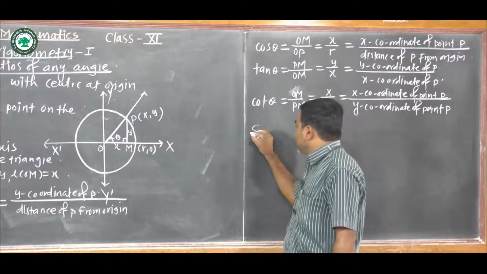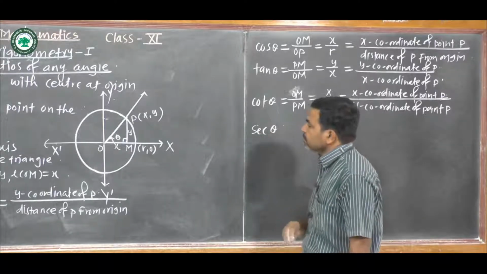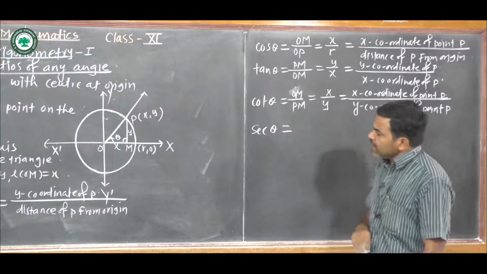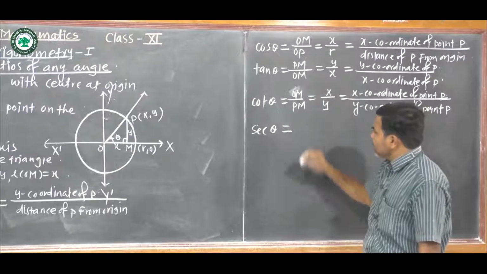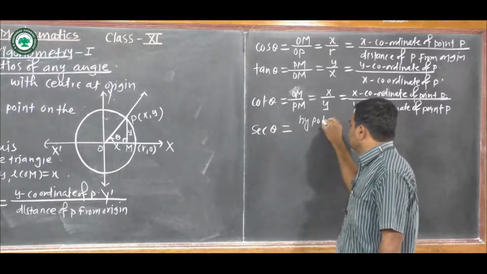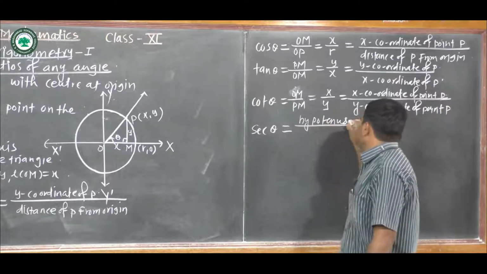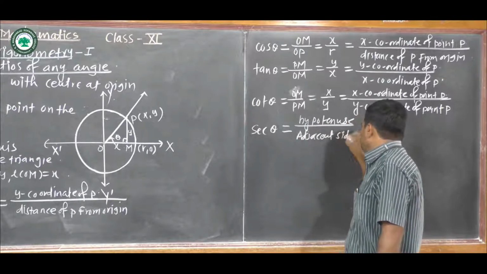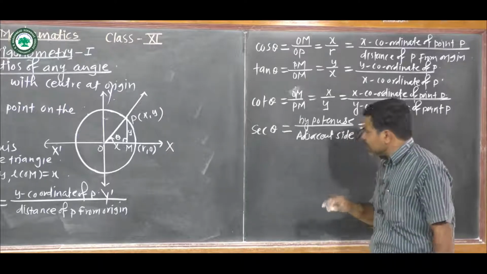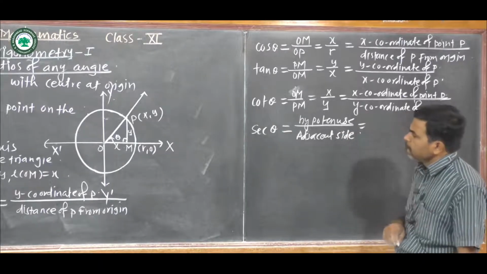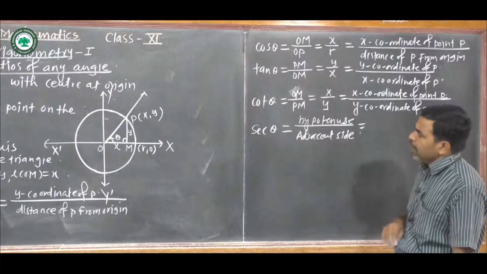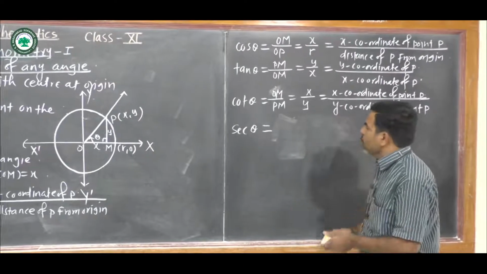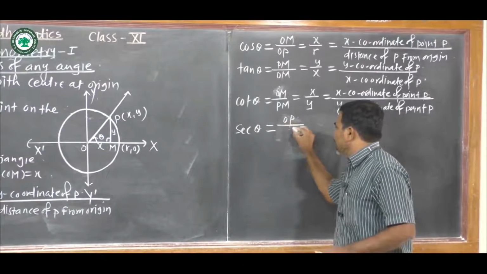Similarly, sec of theta is equal to hypotenuse divided by adjacent side. Hypotenuse is OP and adjacent side is OM, so you can write it directly as OP divided by OM.